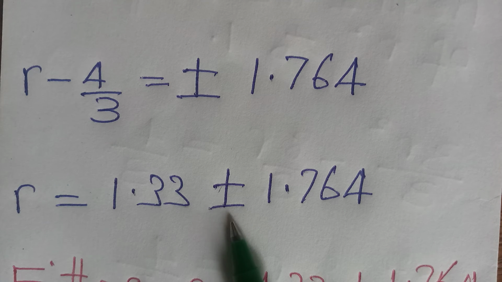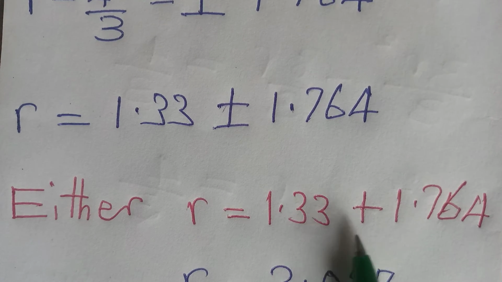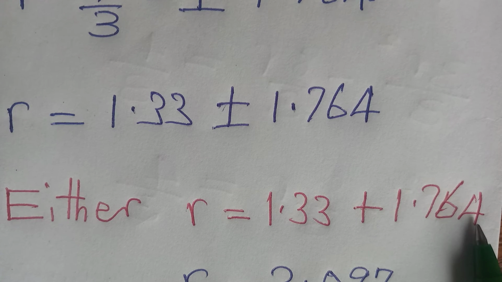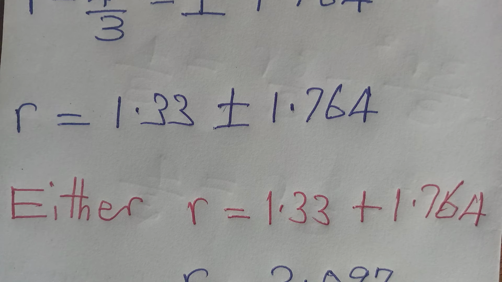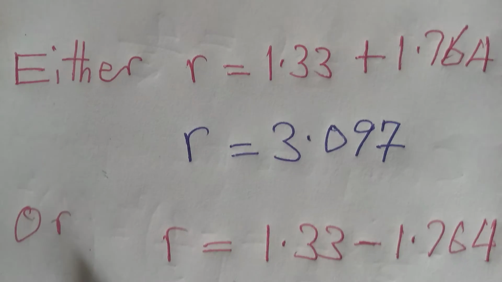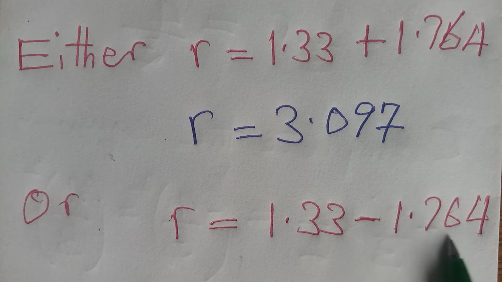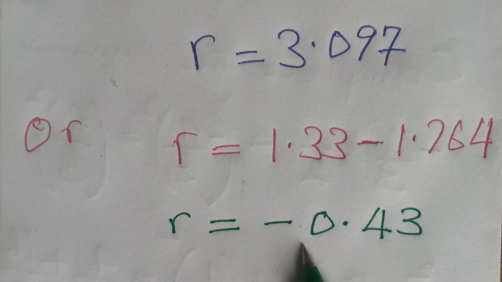So either R will be equal to 1.33 plus 1.764, in which case this plus this will give me 3.097, which is one of the answers, or R will be equal to 1.33 minus 1.764, in which case my R will be equal to minus 0.43.